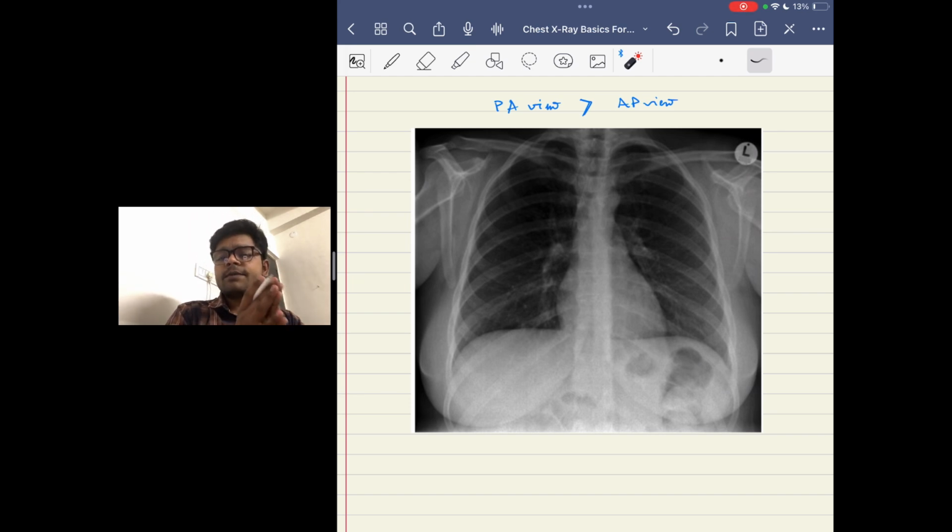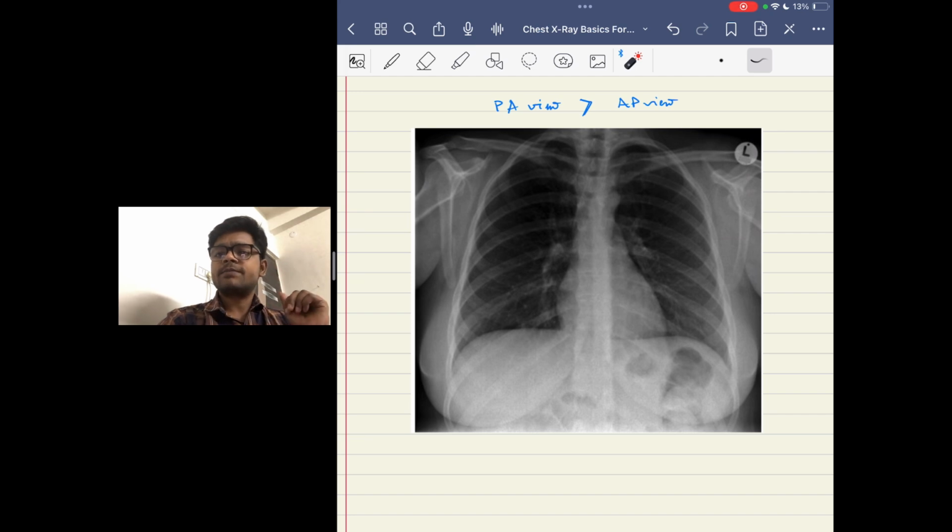No, we use AP view in select patients. For example, patients who are bedridden, who cannot stand erect for a PA view, who are very sick in an ICU. For that group of patients, we do the AP view.